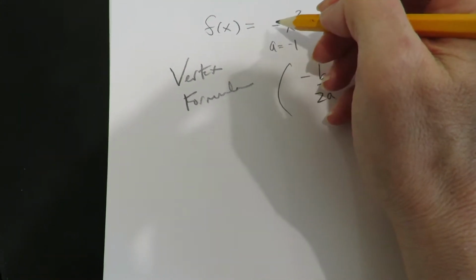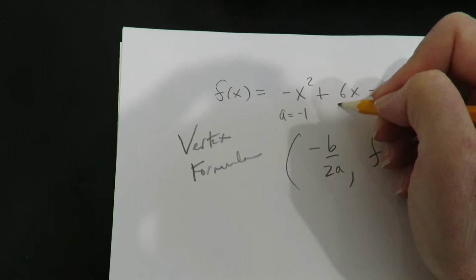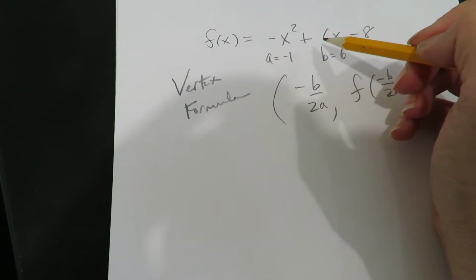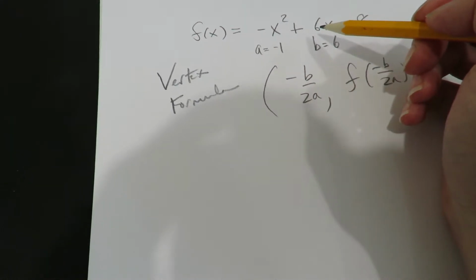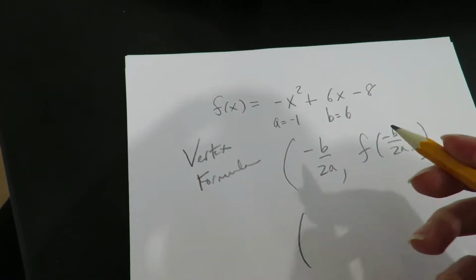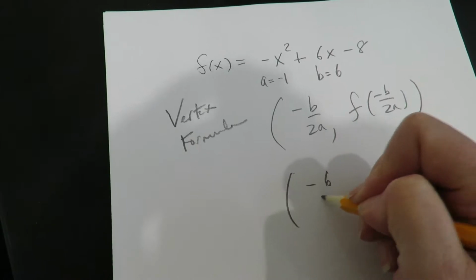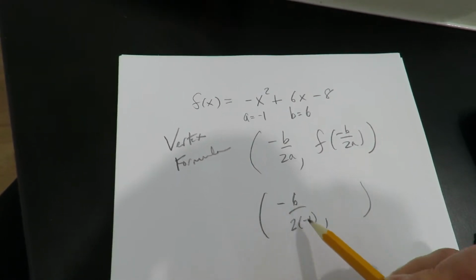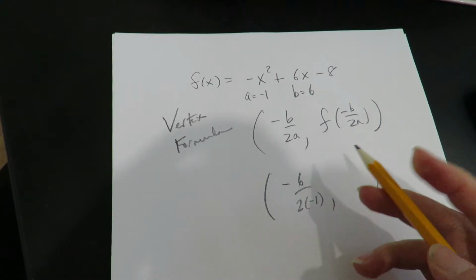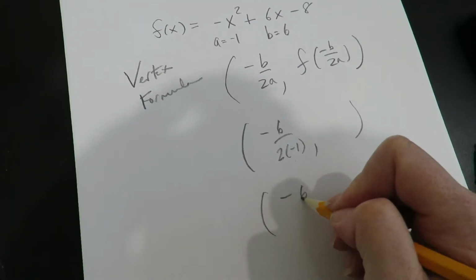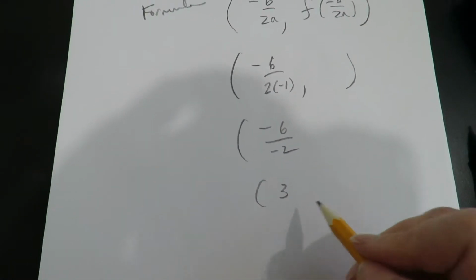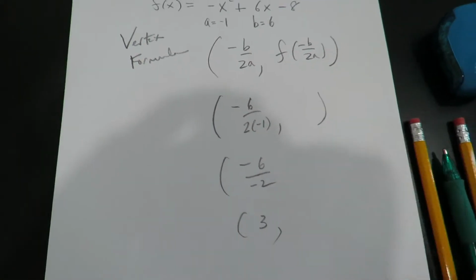It's never part of the variable, it's just the number. B is the coefficient of the linear term. Make sure you always include the plus or minus when you grab A and B. Okay, so I'm going to put in my A and my B. Again, there's a negative in the formula. We've got a double negative here, so it's canceling to a positive.